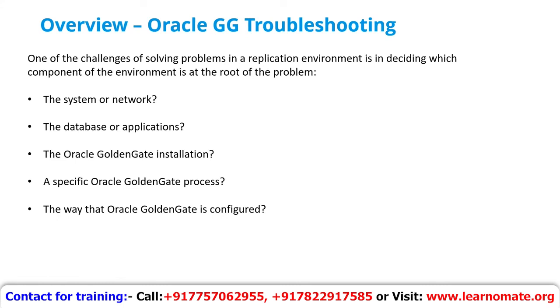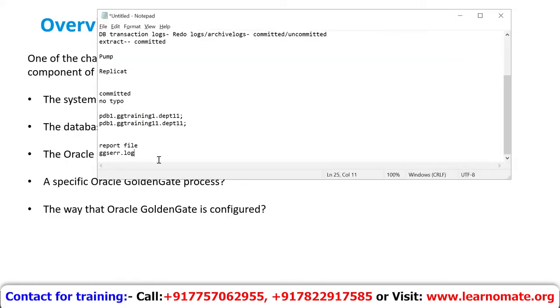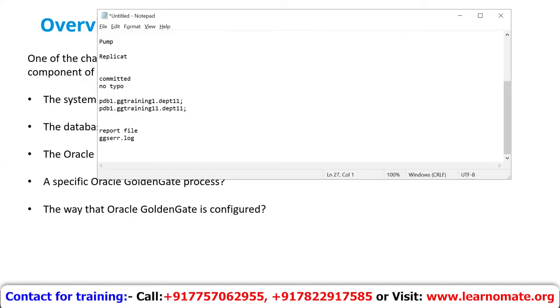One more thing I want to tell you is another reason why GoldenGate issues come in your environment is DB issues. What happens is the GoldenGate environment ultimately connects to the database. So some of the issues, not most of the issues, some of the issues in Oracle GoldenGate environments are related to the database as well.